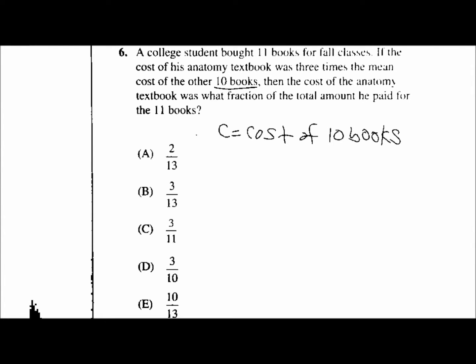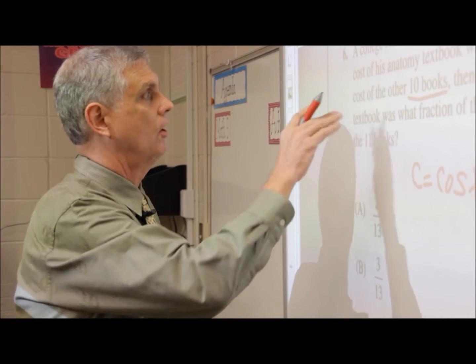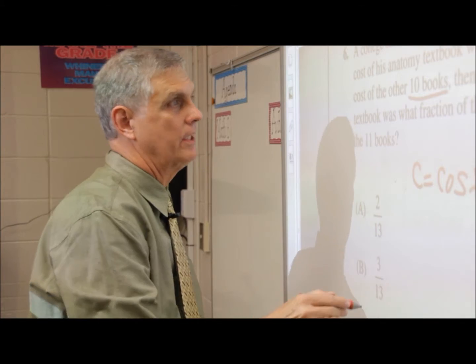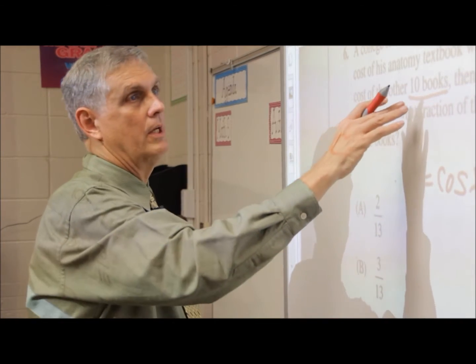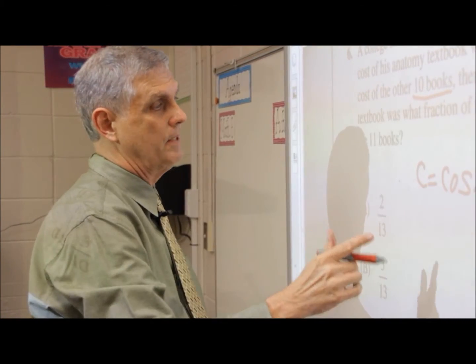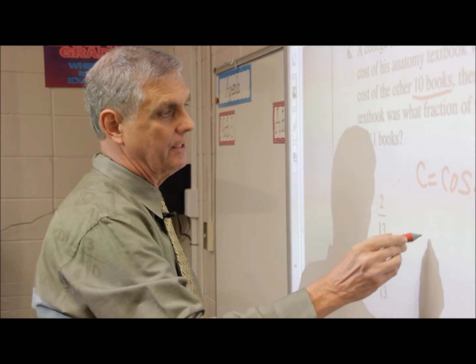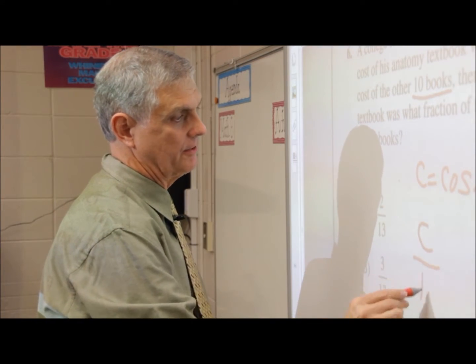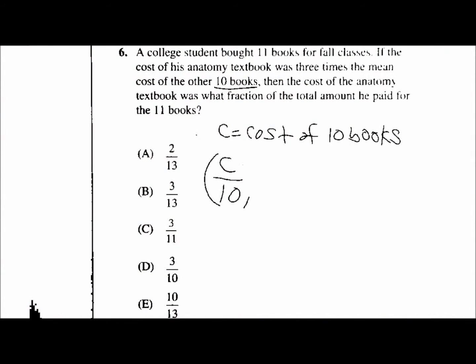If that's the cost of that, and there are 10 books, then the cost of that anatomy book is going to be, because it's 3 times the mean, we're going to have to divide this C by 10 to get the mean, and then we know that 3 times that is the cost of the anatomy book.